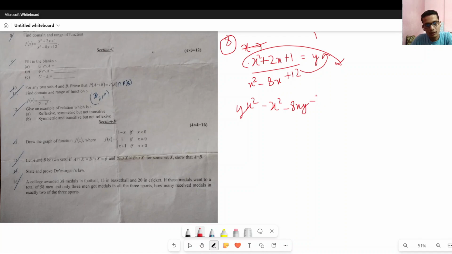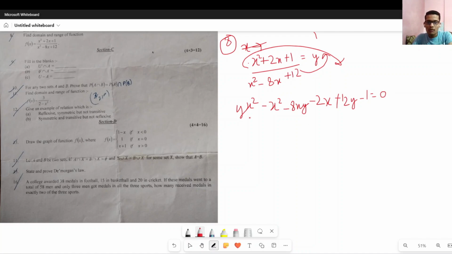Here will be negative 2x. This will be plus 12y, and here minus 1. This whole expression will be equal to 0.